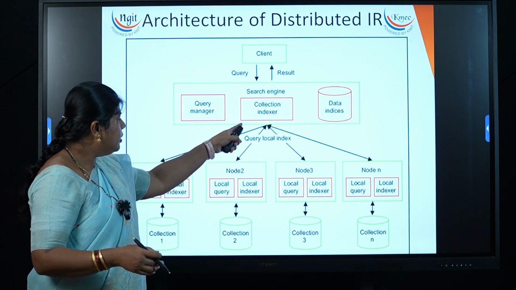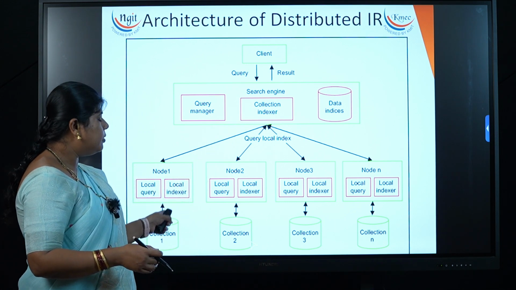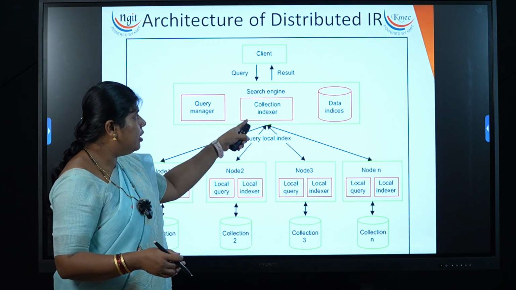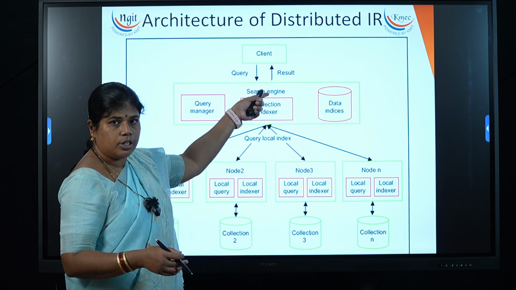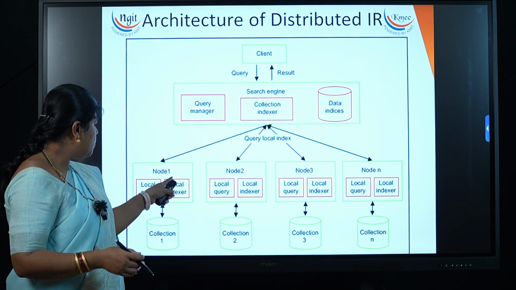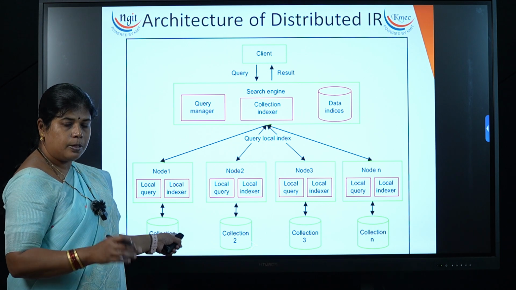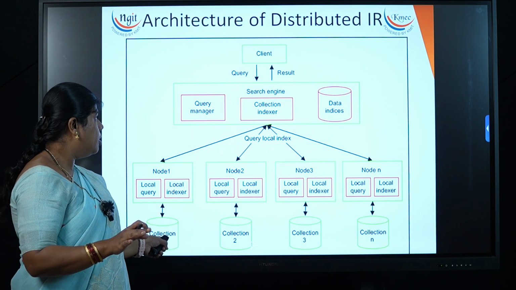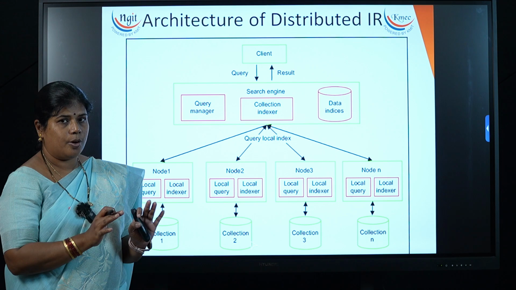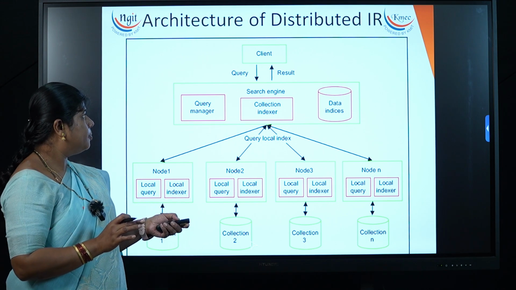When the query is routed, the corresponding result will be returned to the user. And this is the index for that collection of documents. So this is the main model of distributed IR.